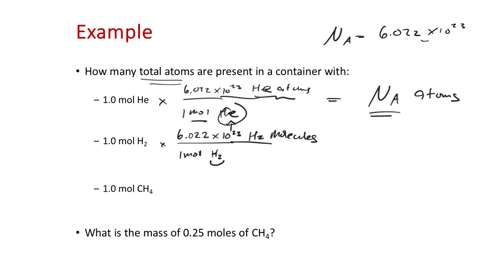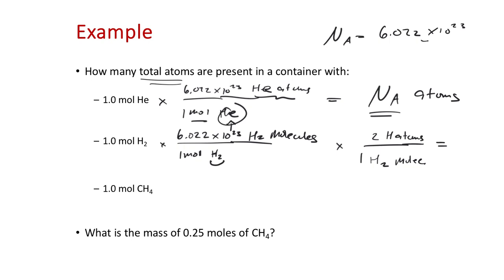If I have a mole of H2, I have a mole of what that thing is. That thing is a molecule, so I have an Avogadro's number of that molecule, so Avogadro's number of H2 molecules. Now, 1 H2 molecule contains 2 H atoms, those 2 atoms within the 1 molecule.